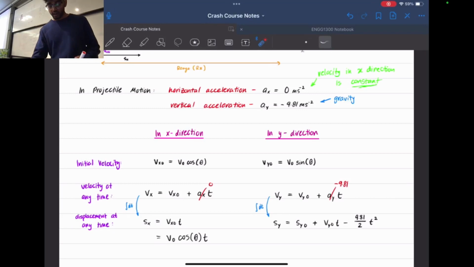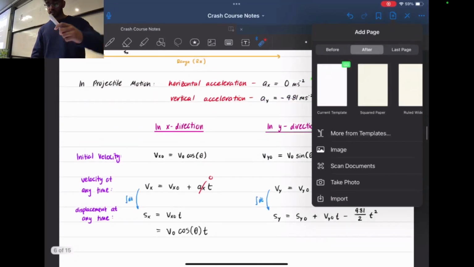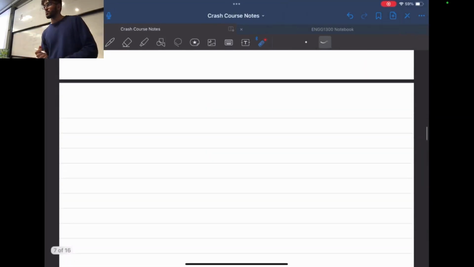Okay, I'm probably going to add one more thing because, as Quang said, they go over it a lot. I'll probably show you guys the derivation to the maximum height formula.